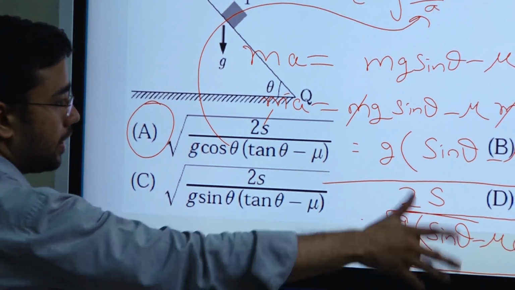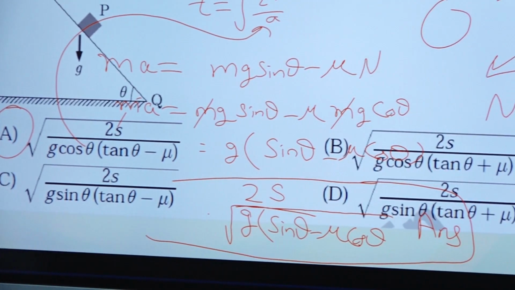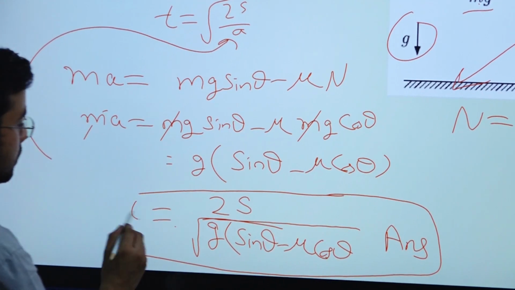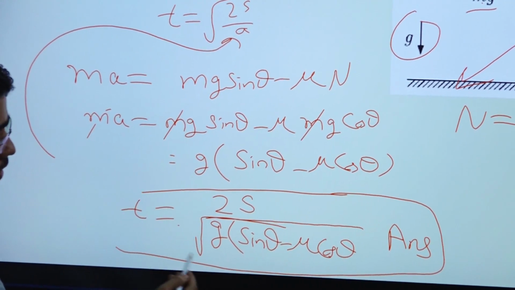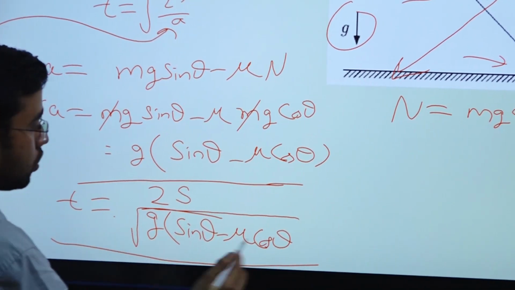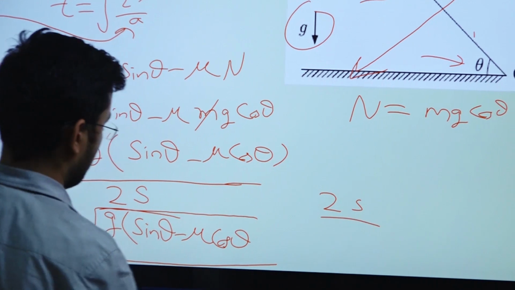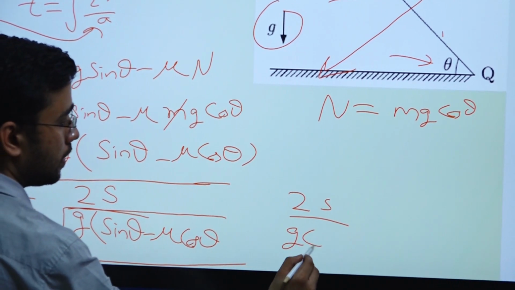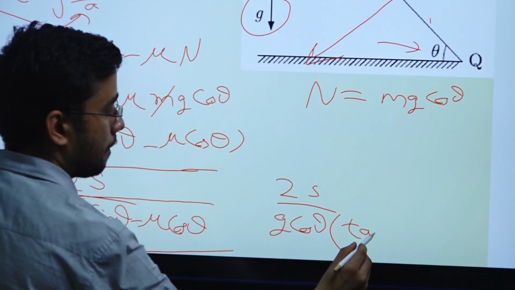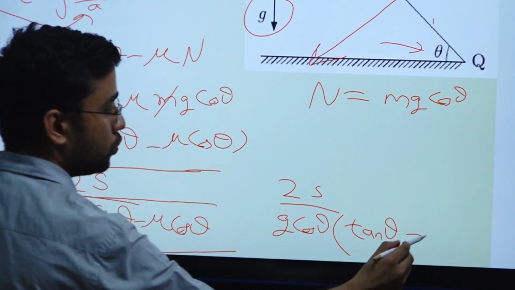So you have to just arrange it. How will you arrange this? Take cos theta common. When you take cos theta common, what will happen? Square root of 2s divided by g cos theta, sin theta by cos theta is tan theta, minus mu.